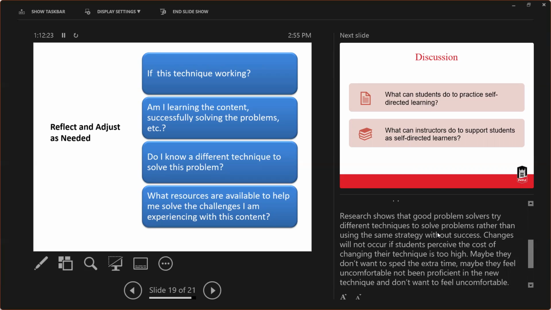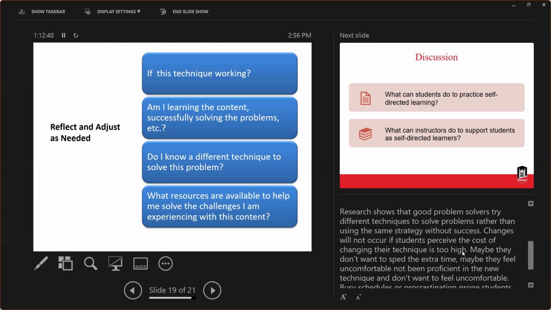But people who are less proficient at problem solving might continue to use that same ineffective technique, and it doesn't work, and they're not making changes. So it's important that they realize that they should explore different options.